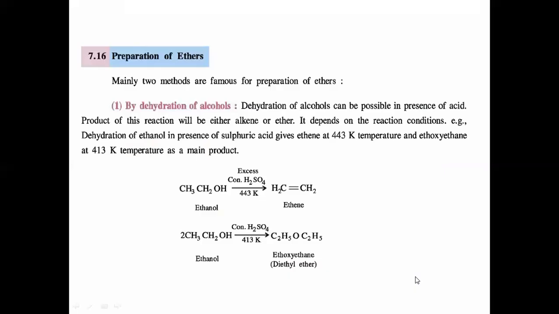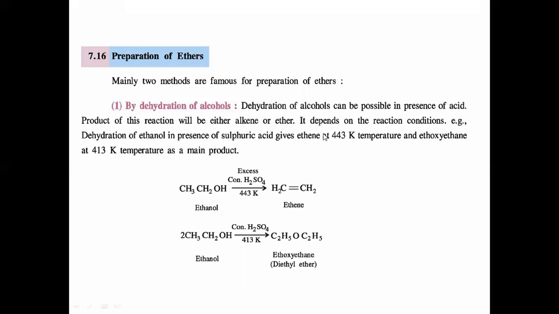Now, the preparation of ether by dehydration of alcohol. Take an example of ethanol, CH3CH2OH. In the presence of concentrated H2SO4, it gives ethene, CH2=CH2. Again, when it reacts with concentrated H2SO4, we get ethoxyethane or diethyl ether.